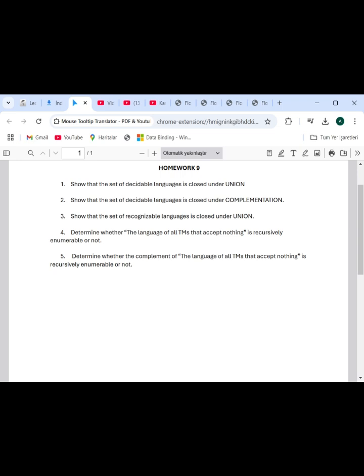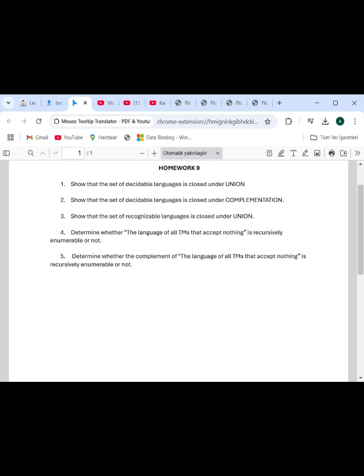Determining if a Turing machine accepts no strings is equivalent to solving the halting problem. The halting problem is undecidable. Therefore, we cannot enumerate such Turing machines. If it were recursively enumerable, we could solve the halting problem, which is impossible.